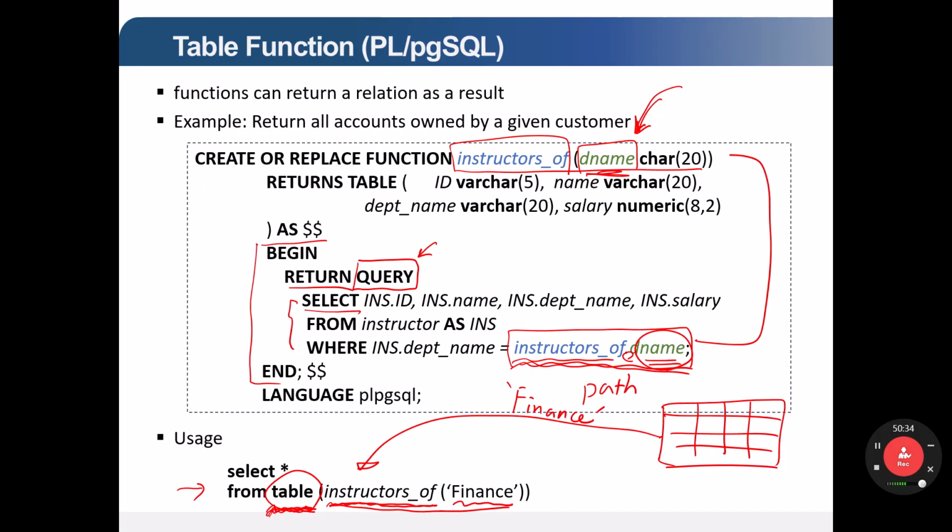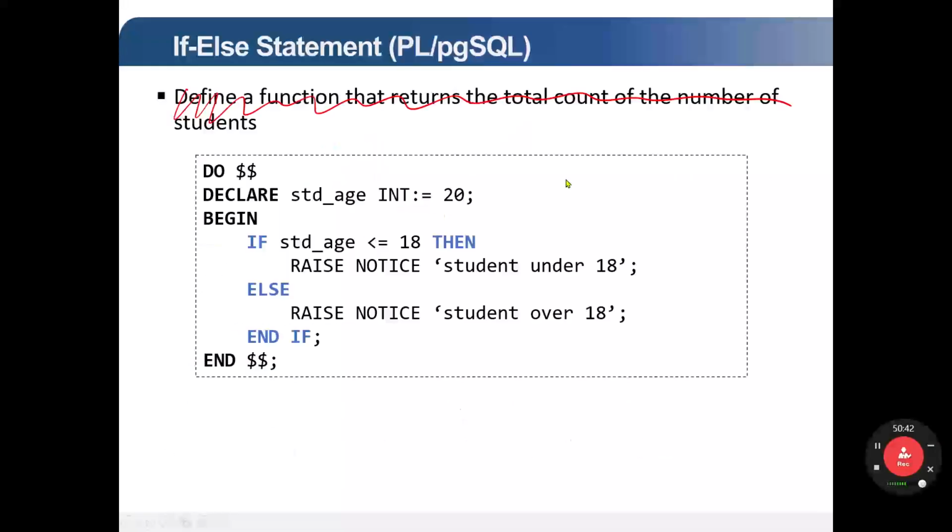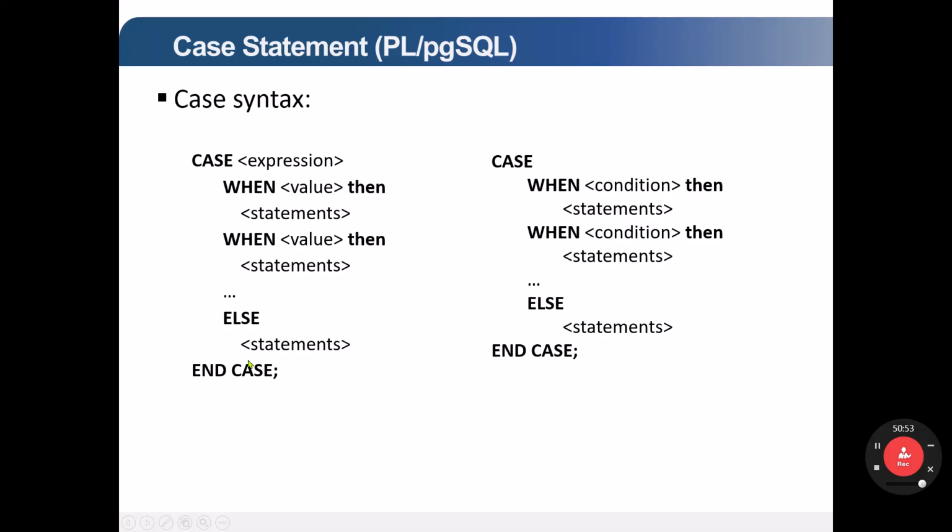No. Do and as have different purposes. As is used to define a function, and do is used to implement an anonymous procedure. And we have a case statement.